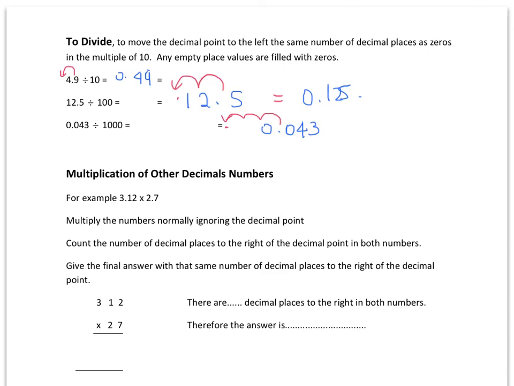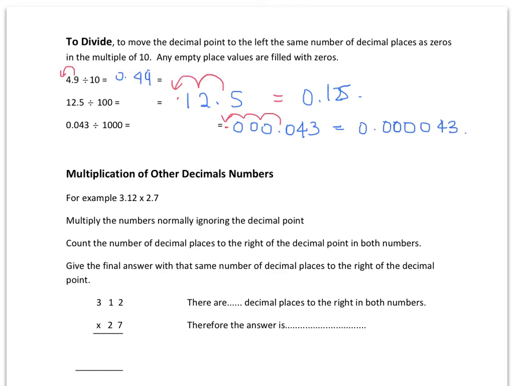Fill any empty places with zeros, so the answer becomes 0.000, 3 zeros after the decimal point, and then 43.